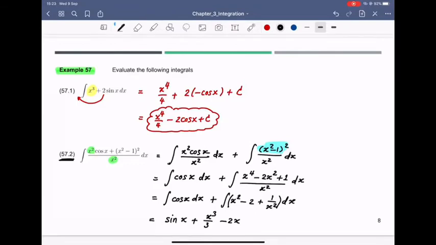1 over x squared. So if you have a hard time to integrate this thing, think 1 over x squared dx. For those of you who are beginners, you should start from integrate x to the negative 2 first. Just go slow. Nothing wrong if you go slow.